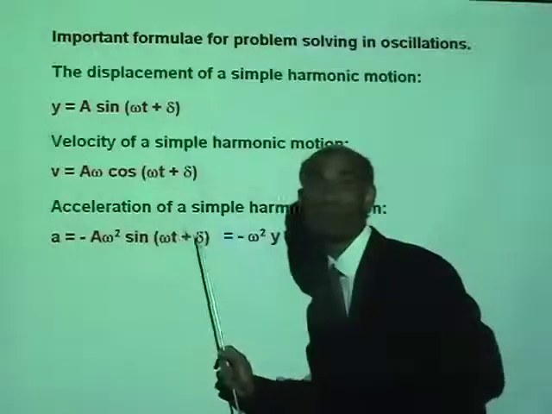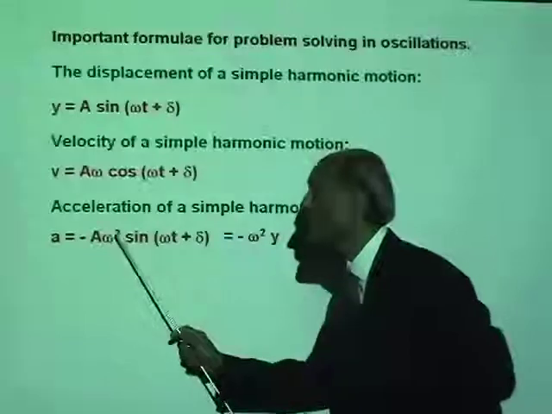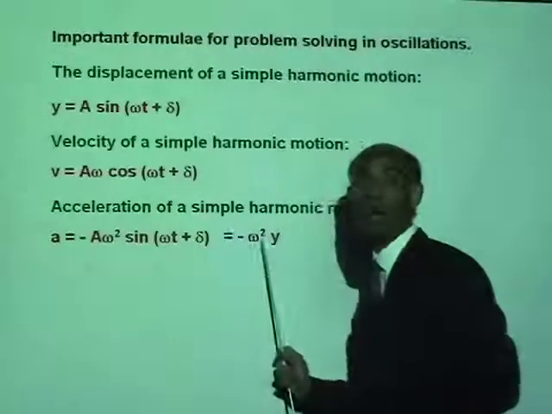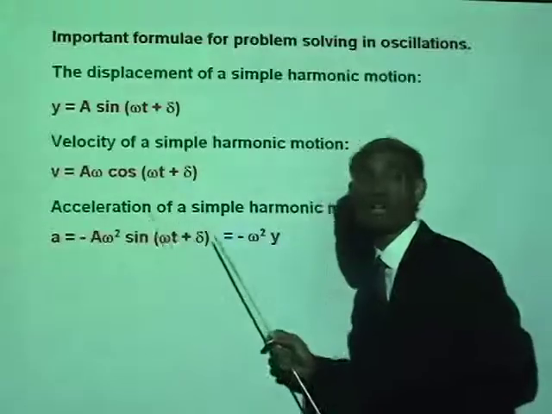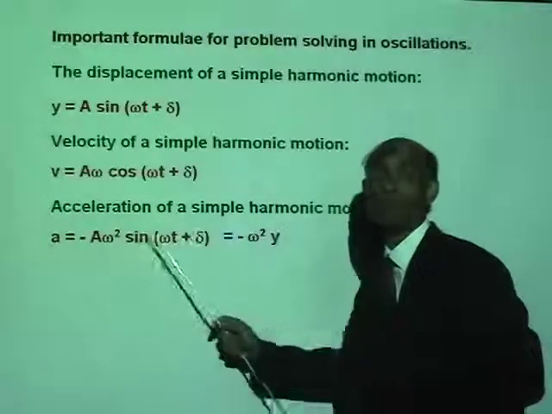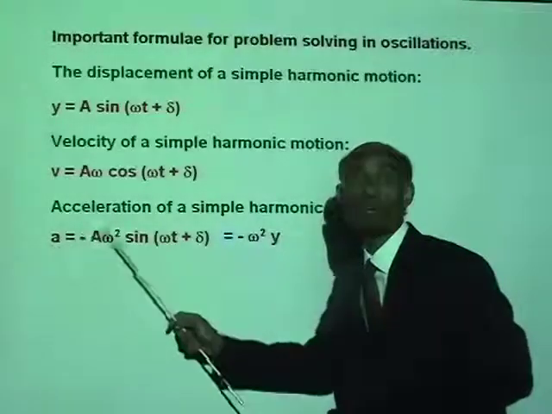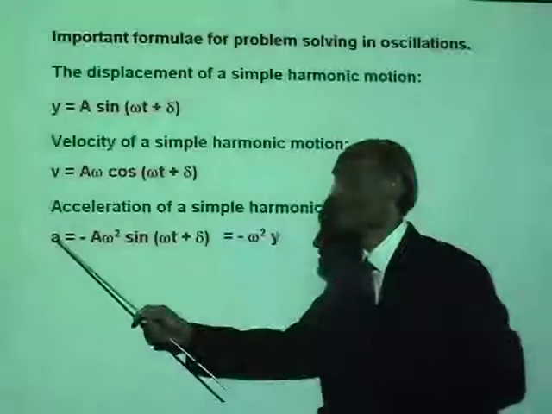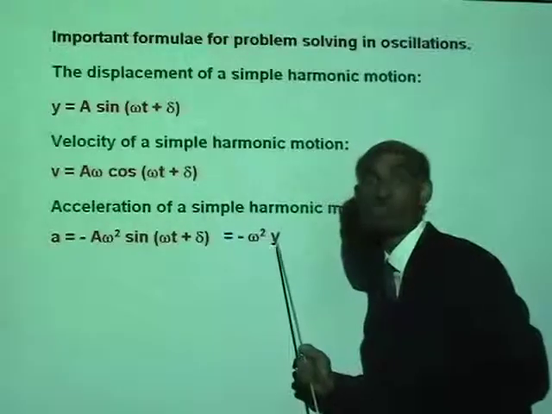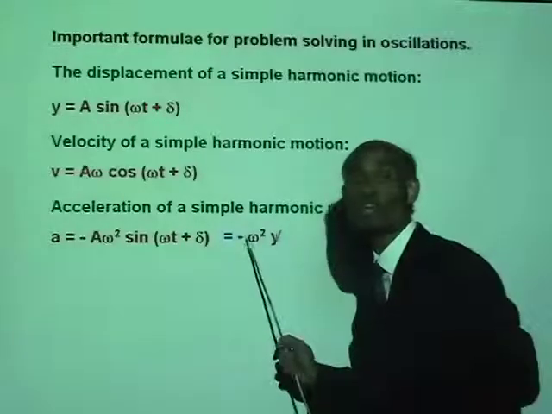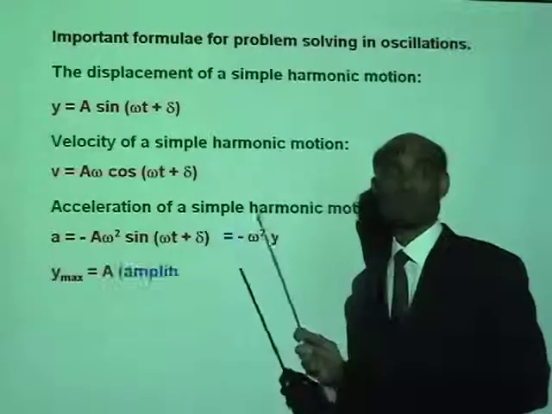And also we rewrote it, since A sine(omega t plus delta) is y, so acceleration equals negative omega squared y. Now this is the typical equation for a simple harmonic motion. Acceleration is proportional to displacement and it takes place in the opposite direction.